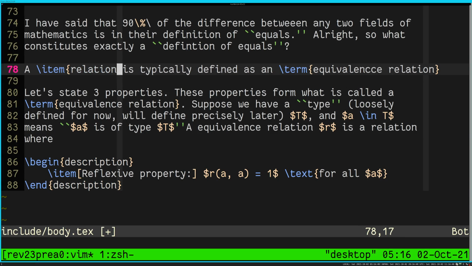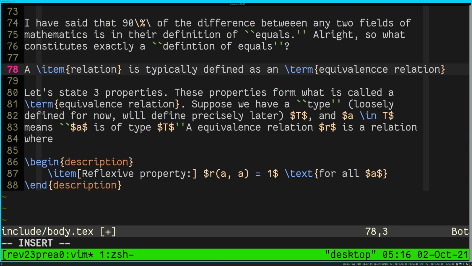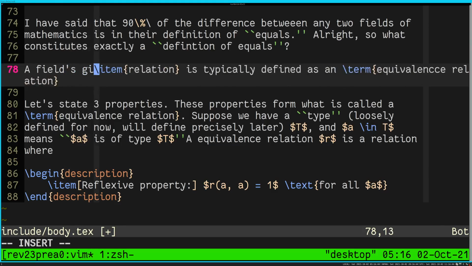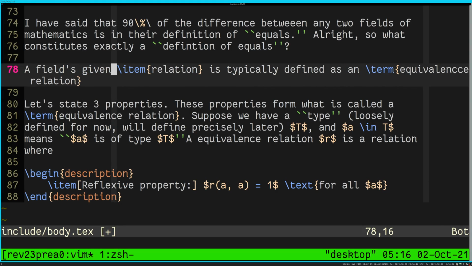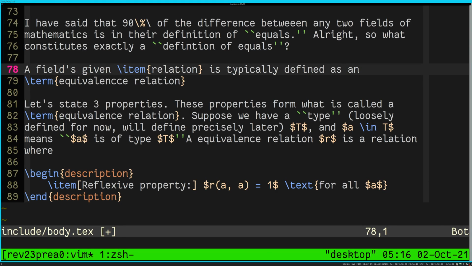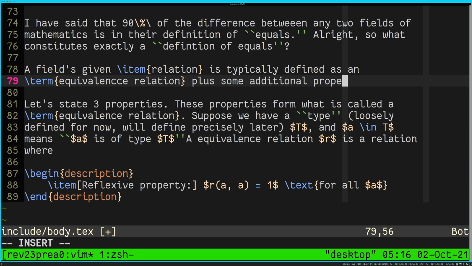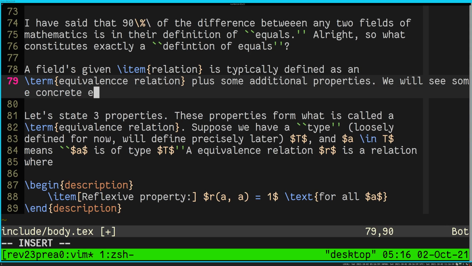A given relation is typically defined as an equivalence relation plus some additional properties. We will see some concrete examples soon, but get these terms in your brain.